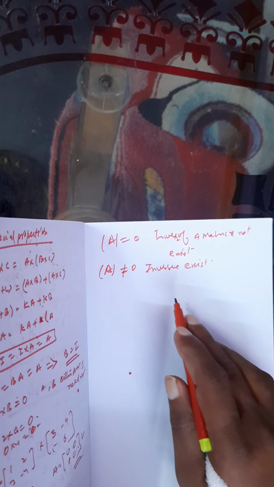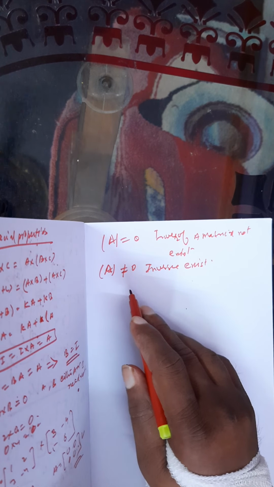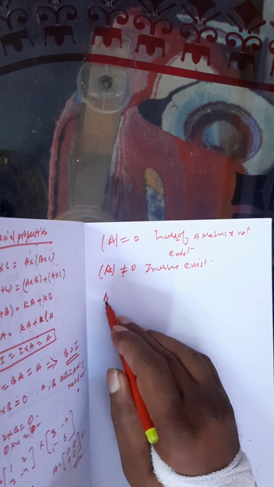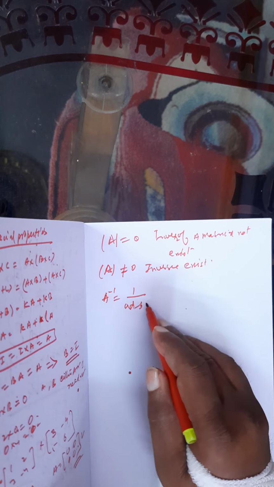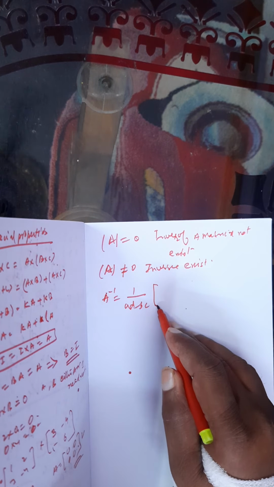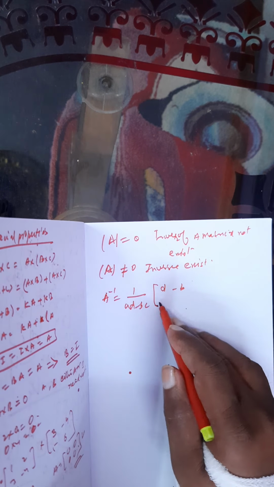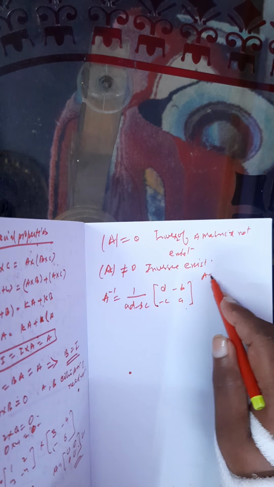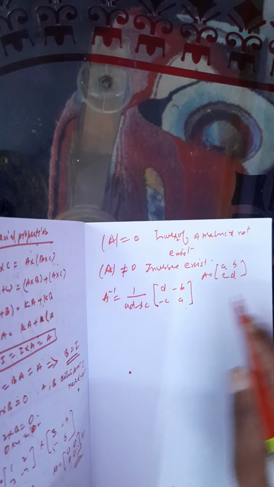Now, the inverse matrix. What is the inverse matrix? If A is a matrix with entries a, b, c, d, the inverse involves 1 by ad minus bc.